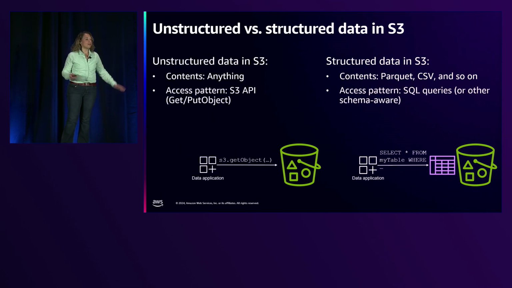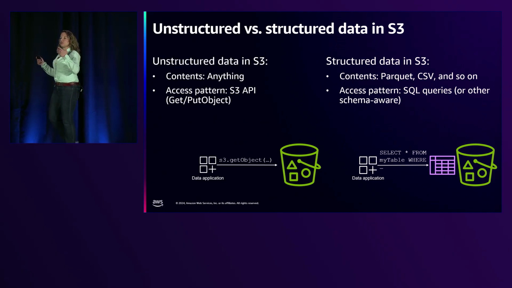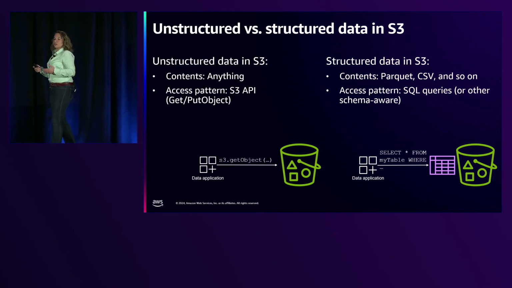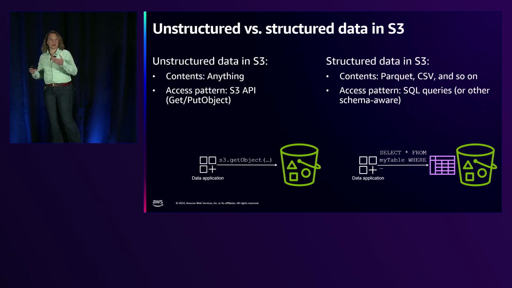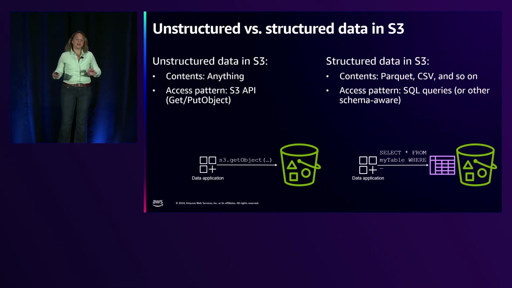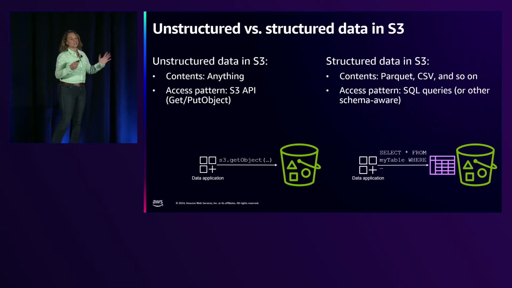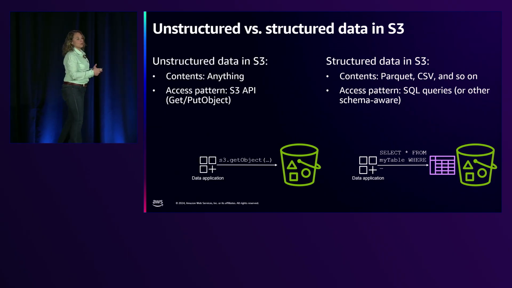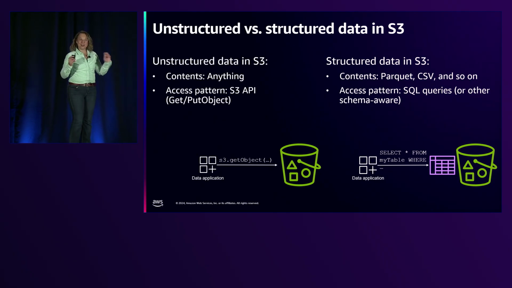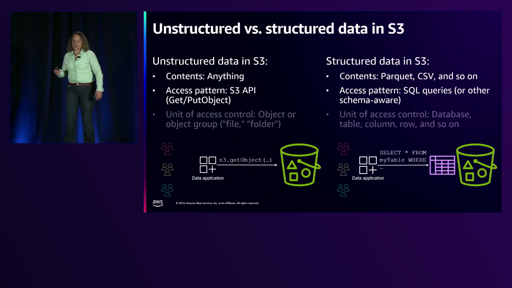For the purpose of our discussion, an important distinction is that whereas structured data is generally accessed with SQL queries or other sorts of actions that reference the schema of the data, the interface to unstructured data in S3 is generally S3 get object, put object. You're dealing with it on the file level, whereas access to structured data is schema aware.